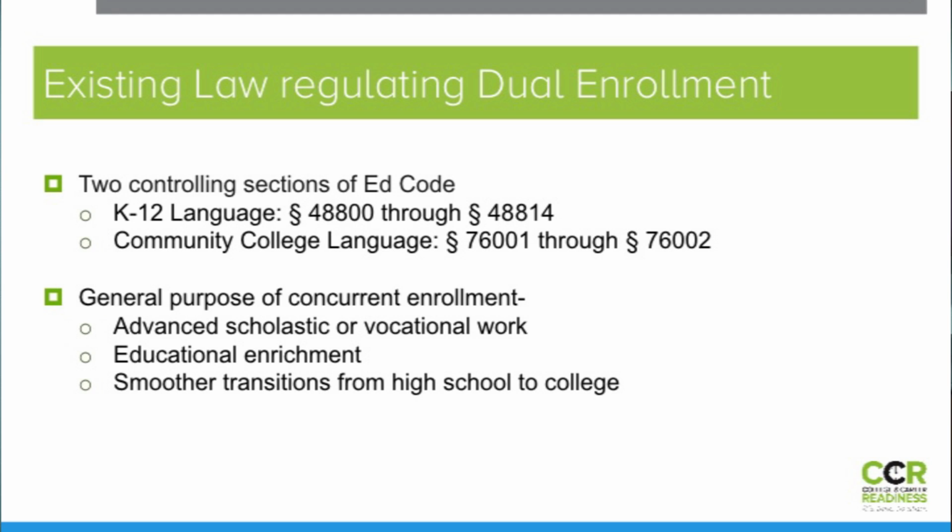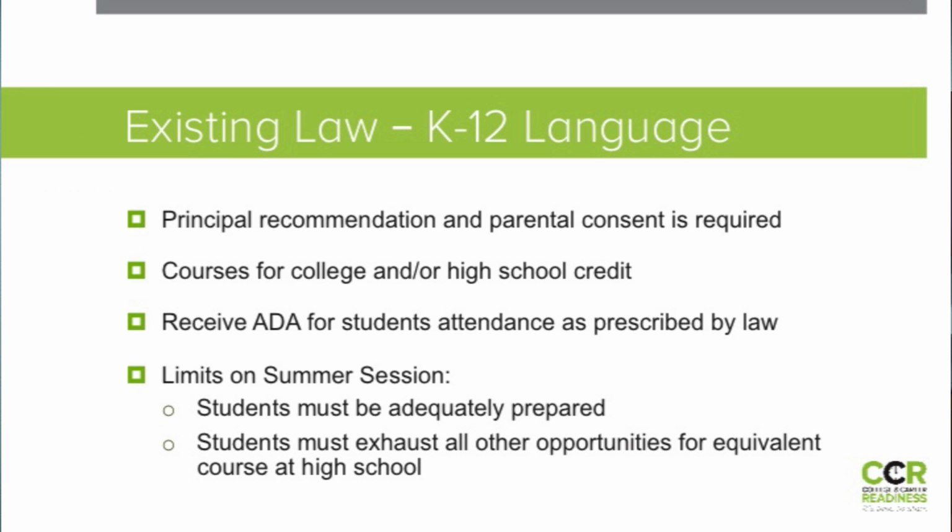So generally, in Ed Code, the purpose of concurrent enrollment are these 3 identified here on this slide: advancing scholastic or vocational work for a high school student, allowing a high school student to enrich their education, and a smoother transition from high school to college. That really was the impetus behind creating these opportunities for concurrent enrollment for high school students.